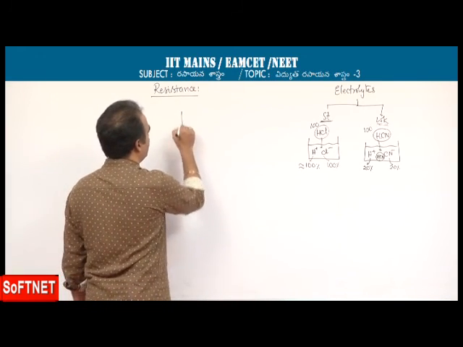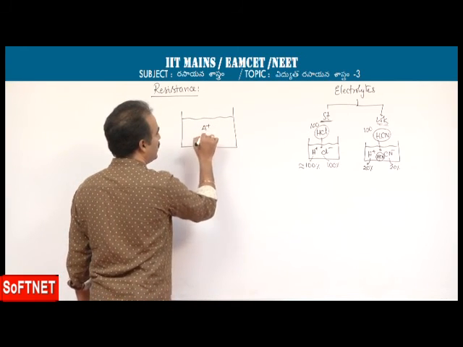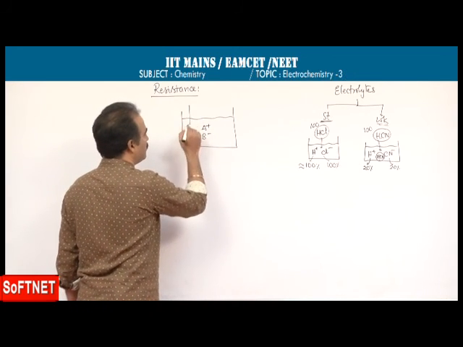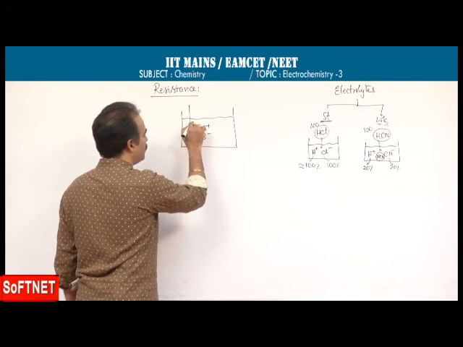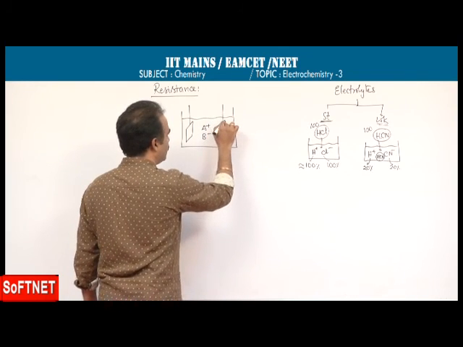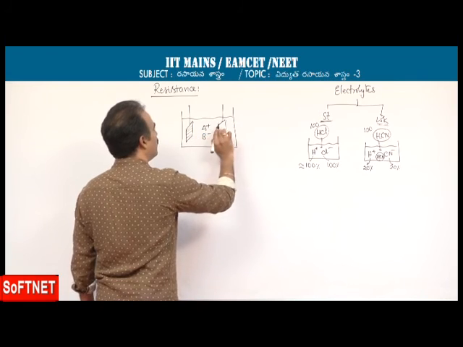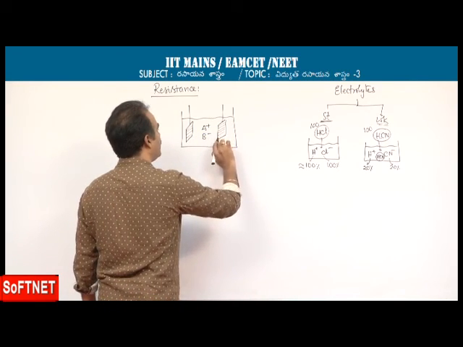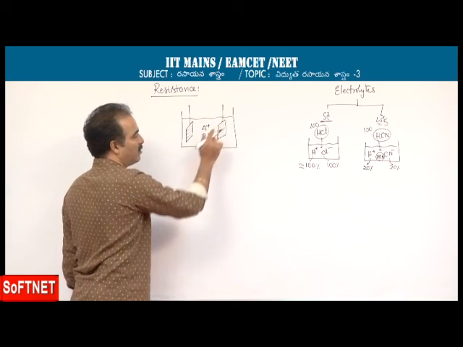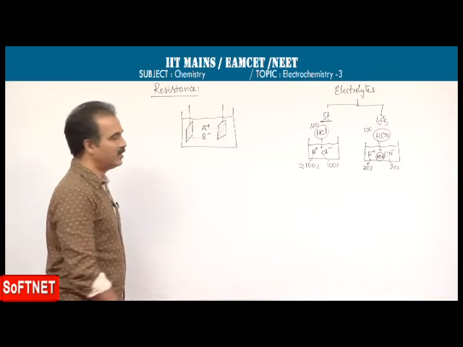For example, I am taking an electrolyte having A+ and B- ions, and I am keeping two electrode plates in the electrolyte. Now the ions are between the electrode plates. When subjected to electrolysis, they will migrate towards oppositely charged electrodes.